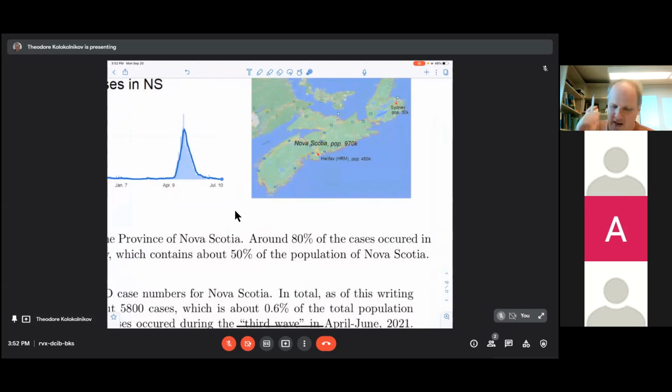Sydney is the second biggest population center in Nova Scotia after Halifax. Whether it's in the third wave or through the entire duration of the pandemic, Halifax had about 80% of all the cases in Nova Scotia, and another about 10% were in Sydney.